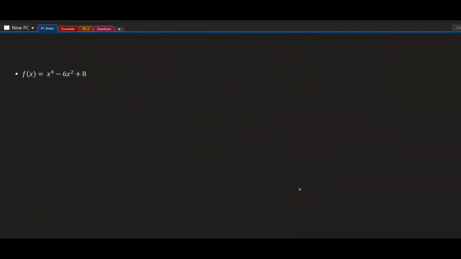All right, I've got f of x equals x to the 4th minus a 6x squared plus an 8. So let us again evaluate f of -x. So I'm going to substitute in a -x. And then I'm going to simplify this. All right.